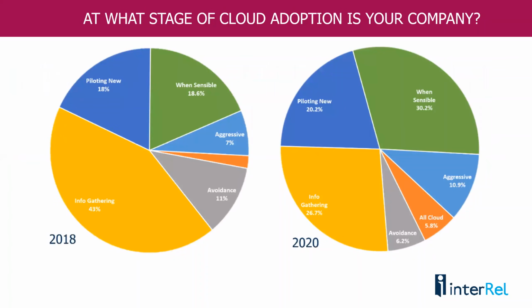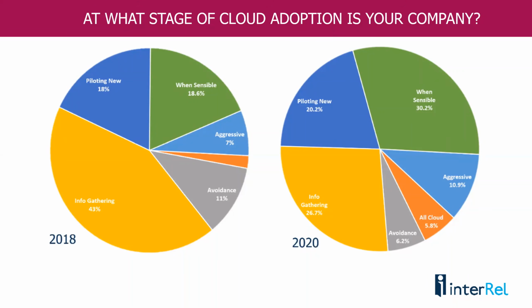Just as a mindset, these statistics come from our SOBA, the State of the Business Analytics survey that we do every year. It shows that from 2018 to 2020, the number of companies going from thinking about moving to the cloud, to planning to move, to actually moving to the cloud is increasing.